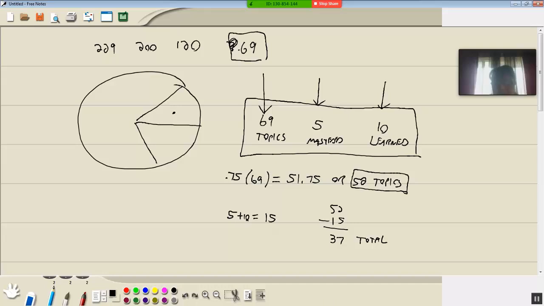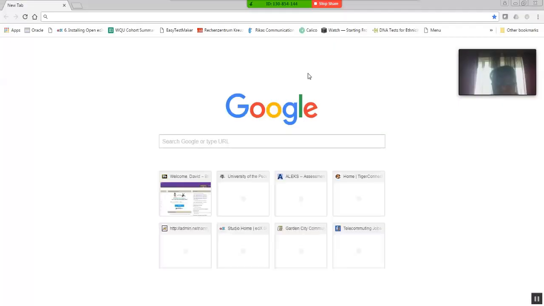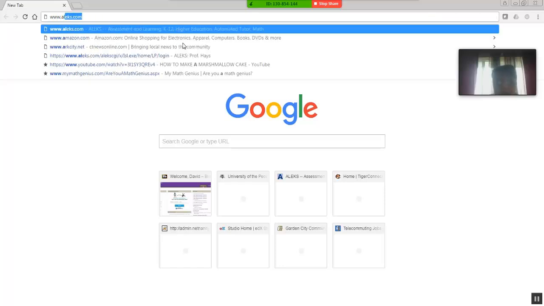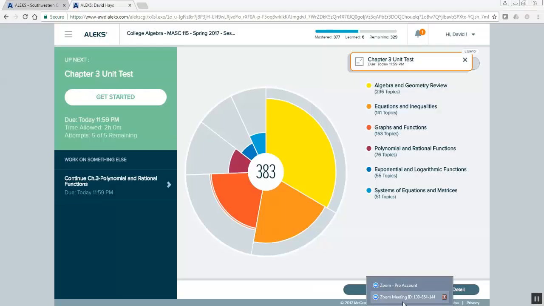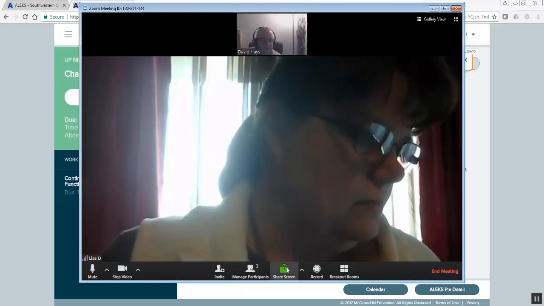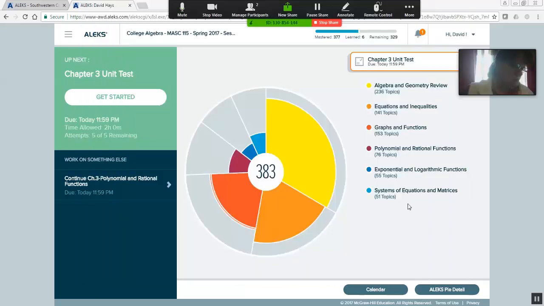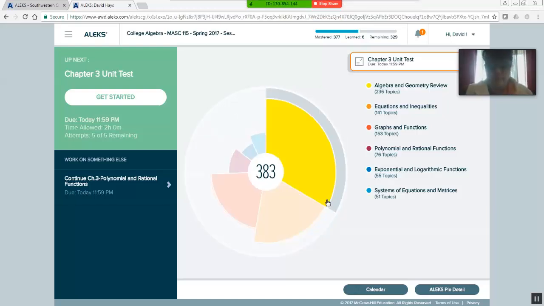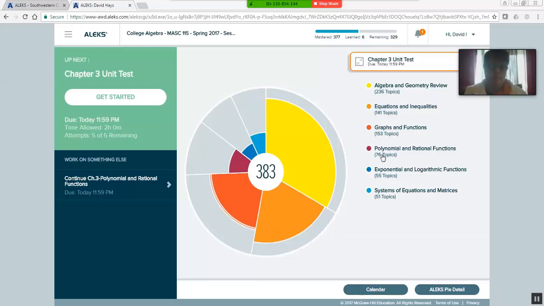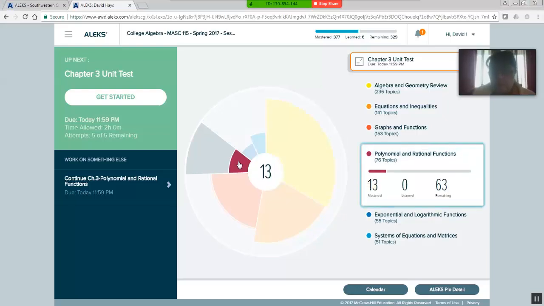I think I can go into student view without bringing up anybody's grades, or even yours. So I'm looking at this right here, and this week's polynomial and rational functions, that little purple. If I click the purple there, I remembered it incorrectly.